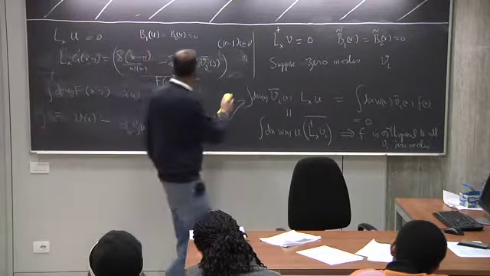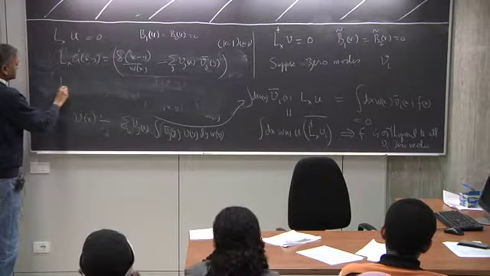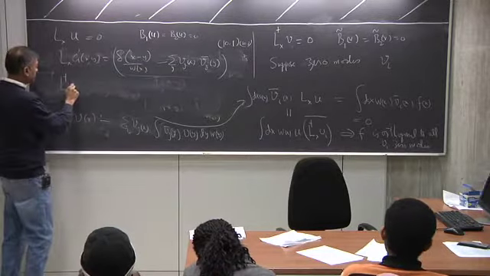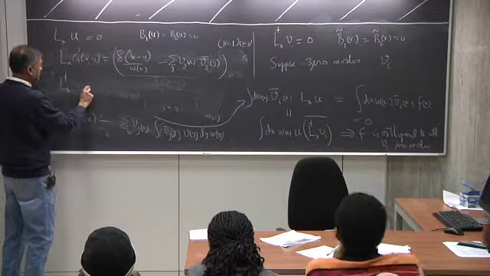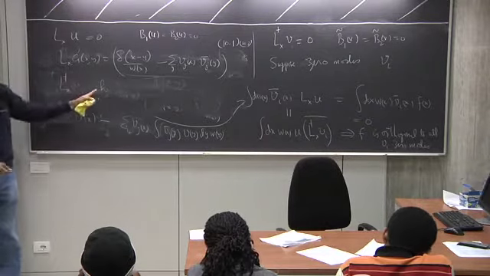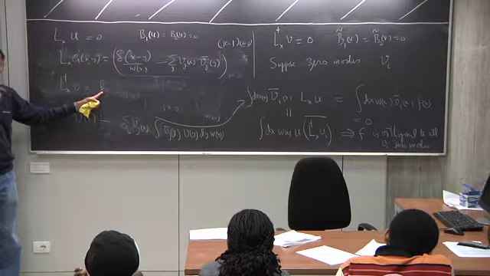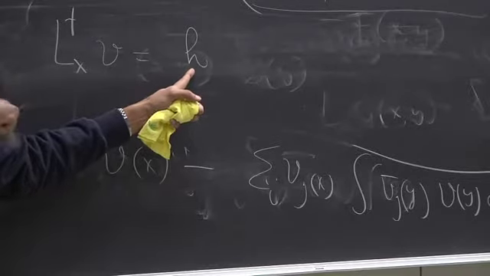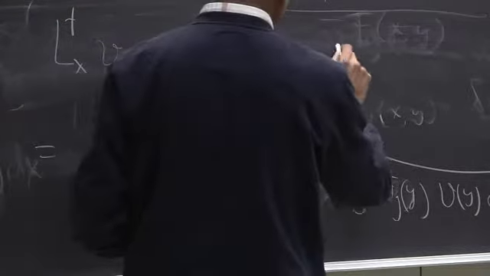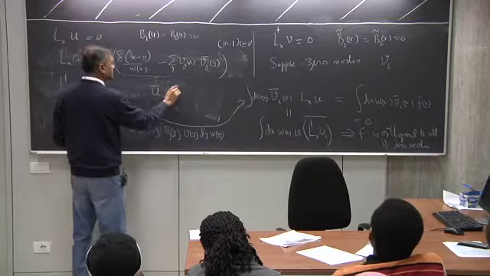Okay. So this is fine, and exactly the same argument works for the L-dagger operator, right? Because for the L-dagger operator, if you consider such an equation equal to say some h, then just as before, the solution can only exist if h is orthogonal to the Lx 0 modes. L 0 modes, not L dagger 0 modes. So which means this h must be orthogonal to all the ui bar x hx.